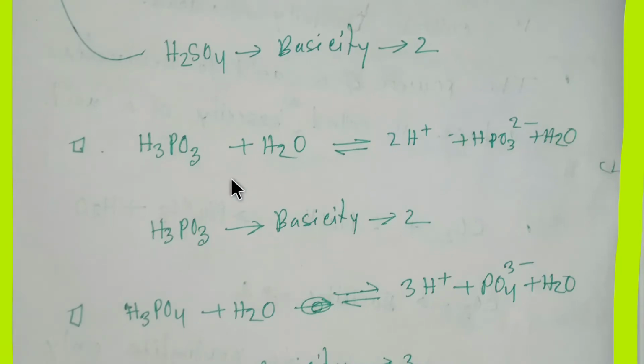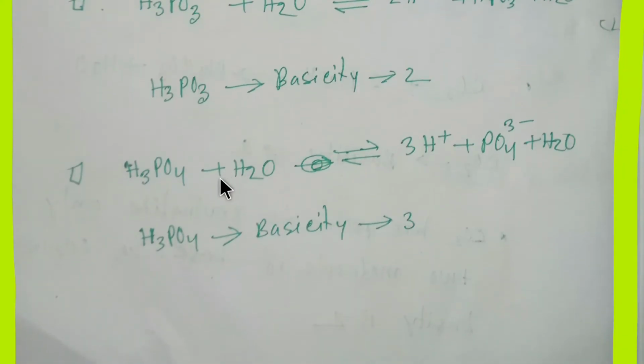On the other hand, this is phosphorus acid. When you add water to phosphorus acid, then you will get this equilibrium. From this equilibrium, we see that there are two replaceable hydrogen. That's why phosphorus acid's basicity is 2.